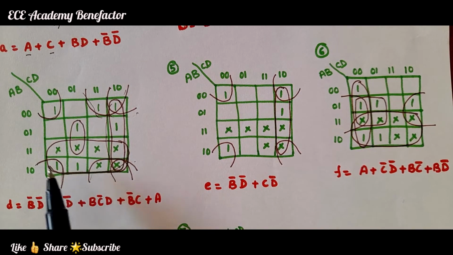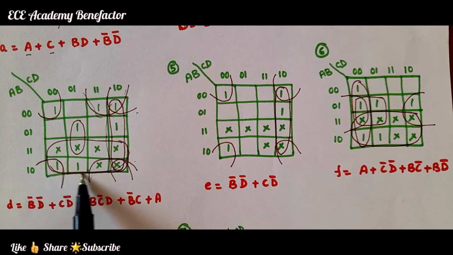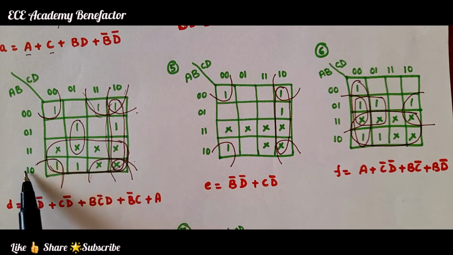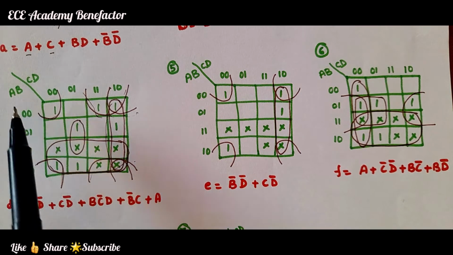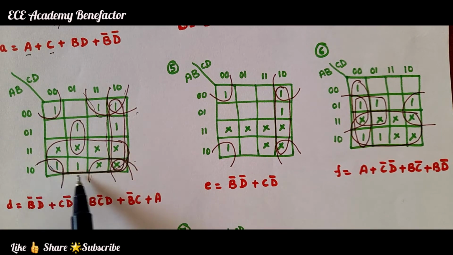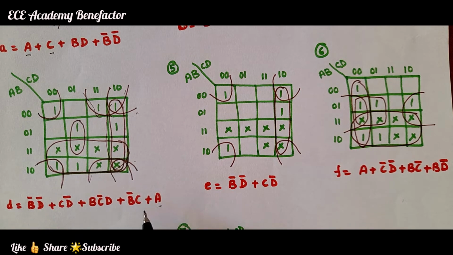For this octet, in these two rows 1 is common, and 1 is A. So for this octet the term is A.